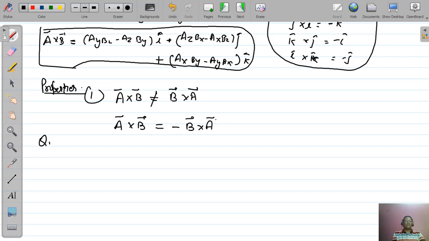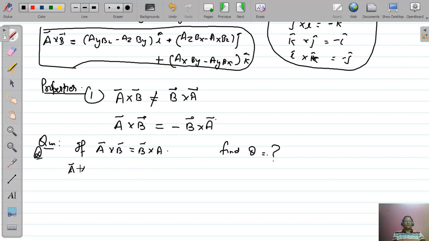A simple question asked one time: if A cross B equal to B cross A, find the angle between vectors A and B. Answer.